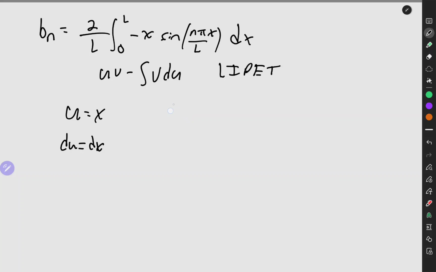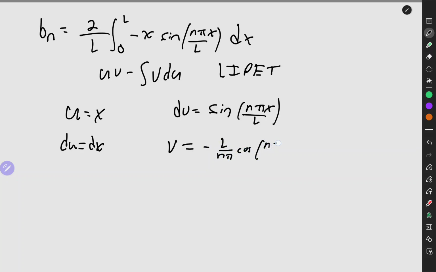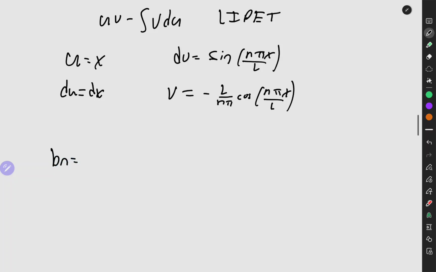Now our dv would be the other term, sine n pi x over L dx. And then our v would be the integral of that, so that's negative L over n pi cosine n pi x over L. So now let's plug those in. uv, x times, so let me do it this way.